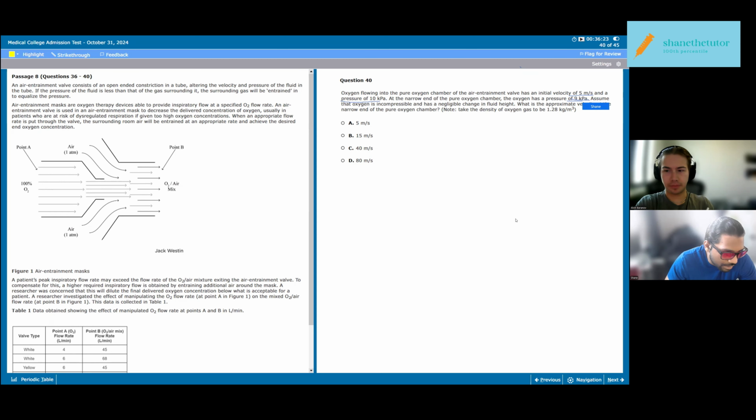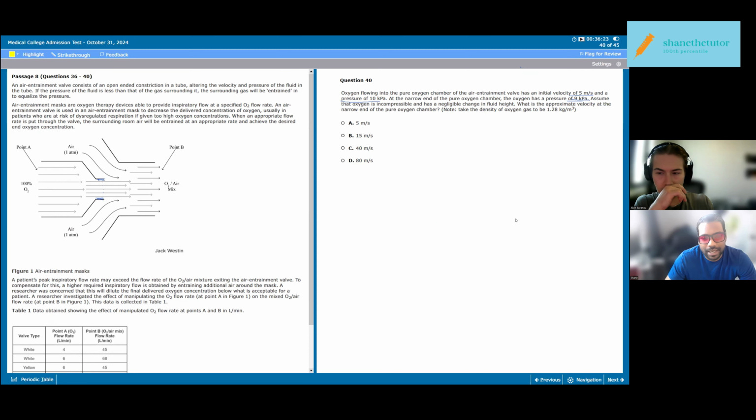This is a narrow portion here, and you can see the lines are closer together, which means they're moving faster. If it's moving faster, it's going to have a lower pressure, so it makes sense that we have the lower pressure here of 9.